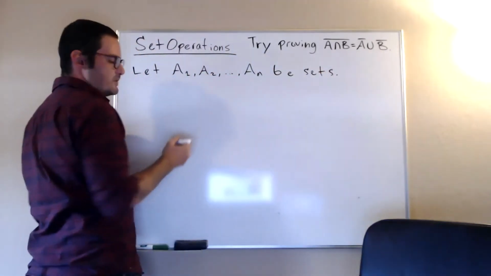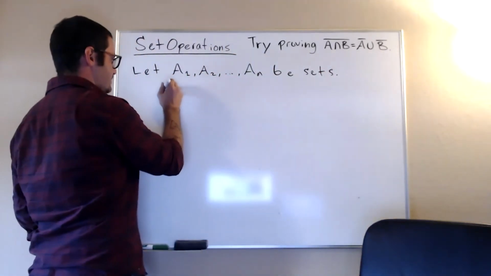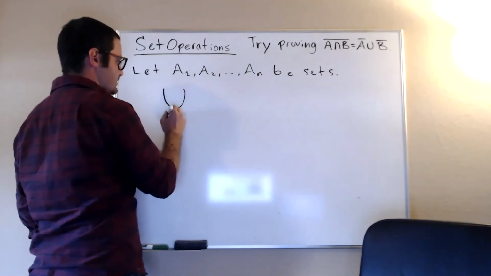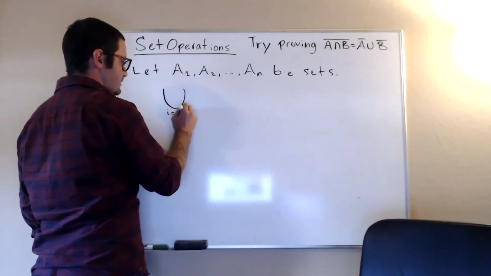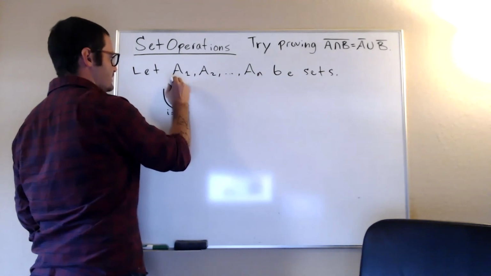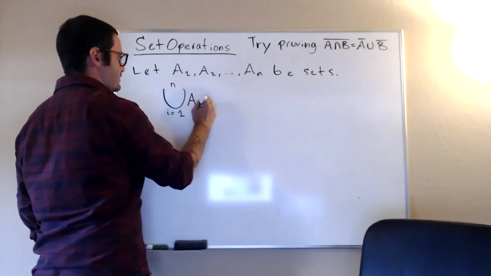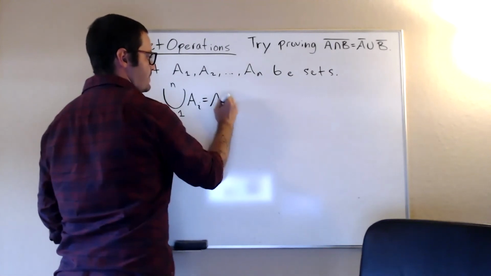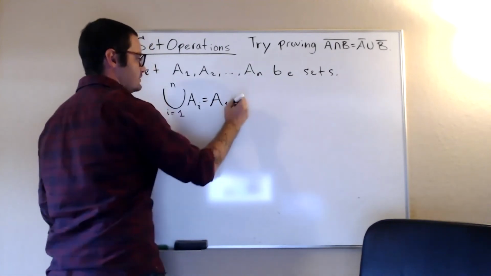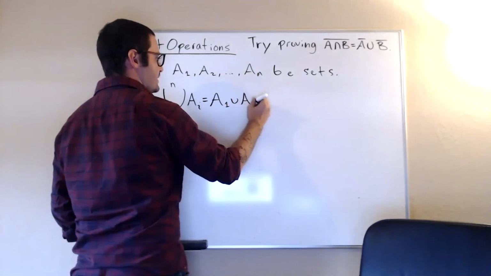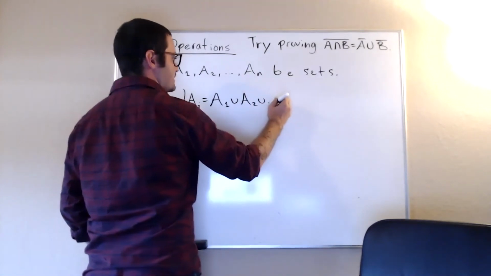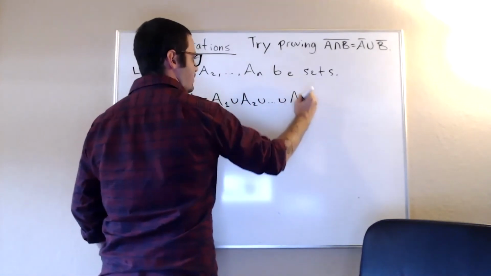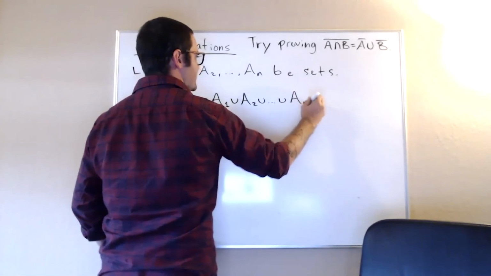So this is notation for you. This is a big union sign, I equals 1 to N of A sub I. This is the same thing as saying A1 union A2 union dot dot dot union all the way to A N.